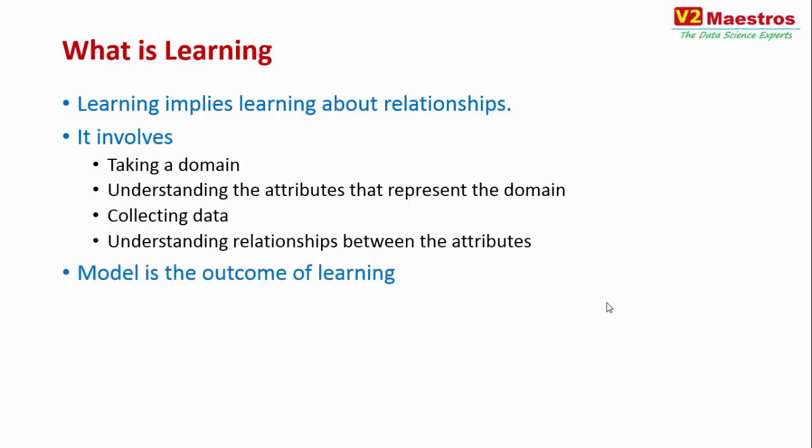Models are the outcome of learning. So after you learn about something, you build a model about it. This learning happens all the time inside the human brain. We are constantly collecting data inside our human brain, continuously learning about things and continuously building models.